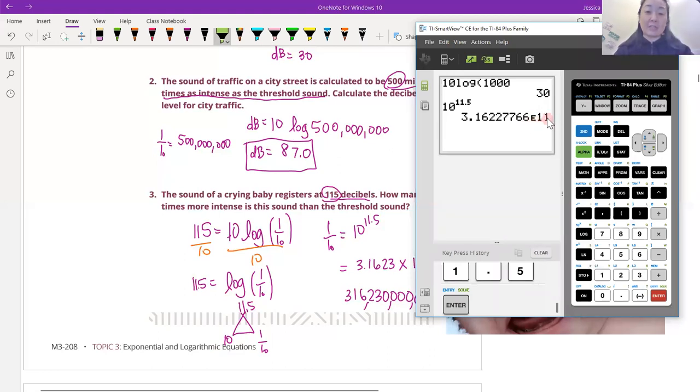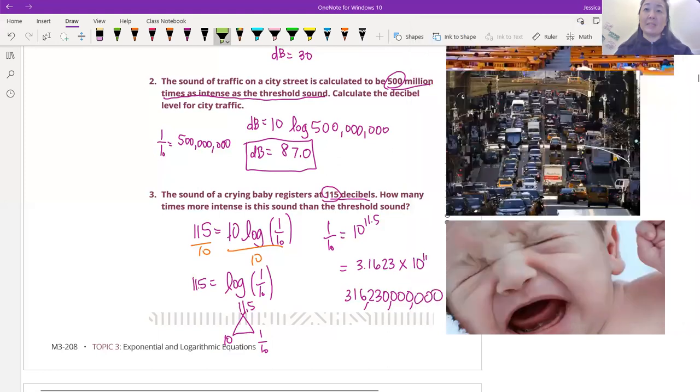So that's 10 to the 11th power, which means we're multiplying this small number of 3.1623 by a number that has 1 and 11 zeros. In essence, we're just moving this decimal place over 11 times. So we would get about 316 billion times more intense than the intensity threshold.